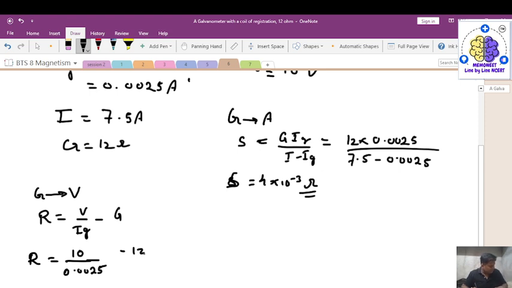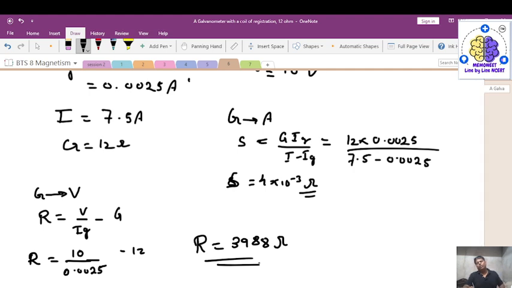So solving this will give you R equal to 3988 ohm. This is the resistance which we connect in series with the galvanometer. It will convert the galvanometer into a voltmeter of range 0 to 10 volts, right? This is how we calculate the value of resistance and the shunt which is to be connected to the galvanometer in order to convert it into a voltmeter or an ammeter, right?